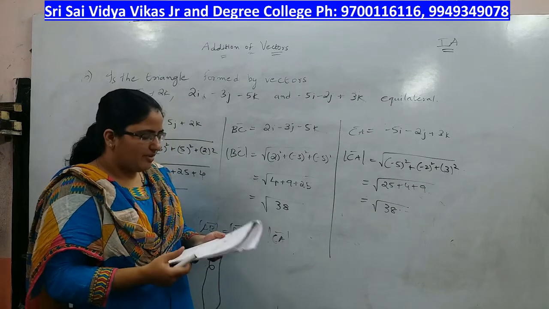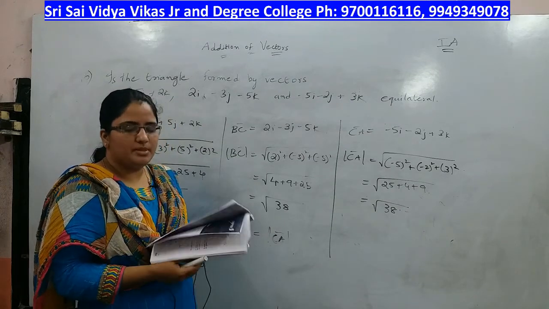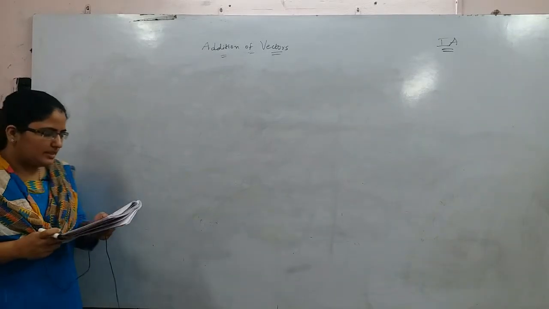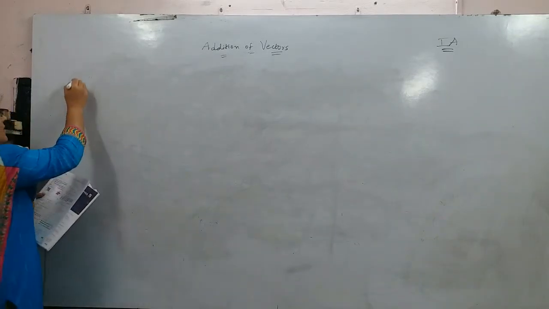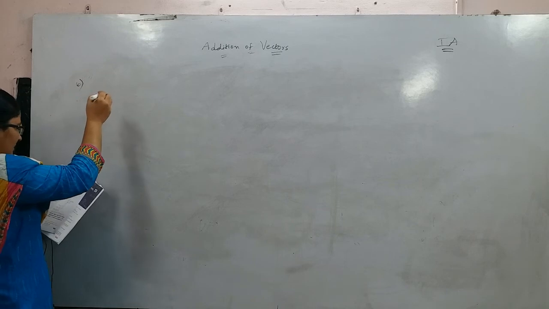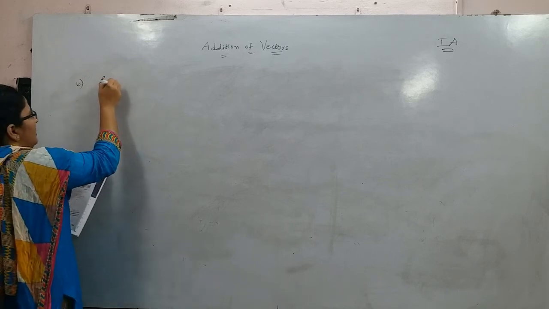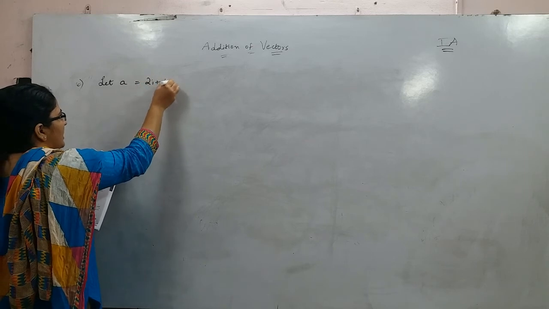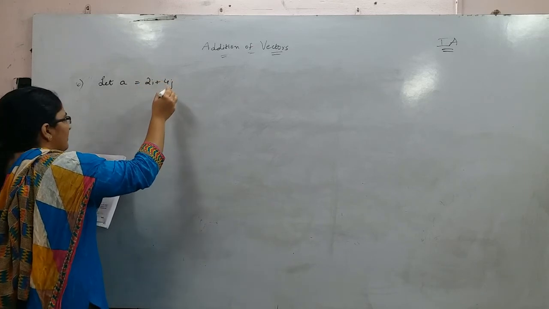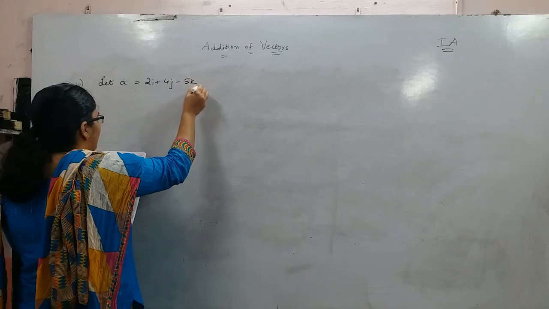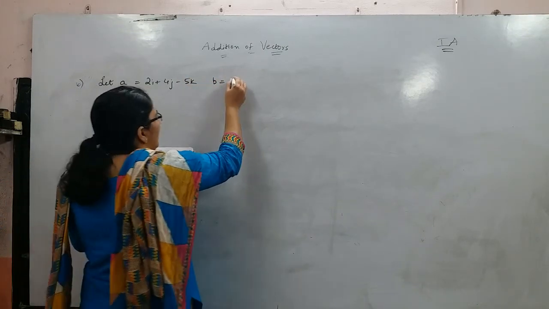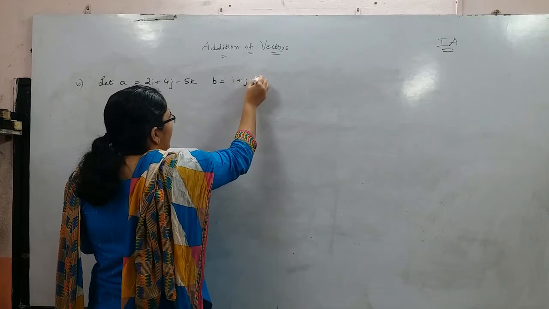With this we have done 5 problems. We shall do some more problems. We shall do the next problem. This is the 6th problem for today. Let A is equal to 2i plus 4j minus 5k. B is equal to i plus j plus k.